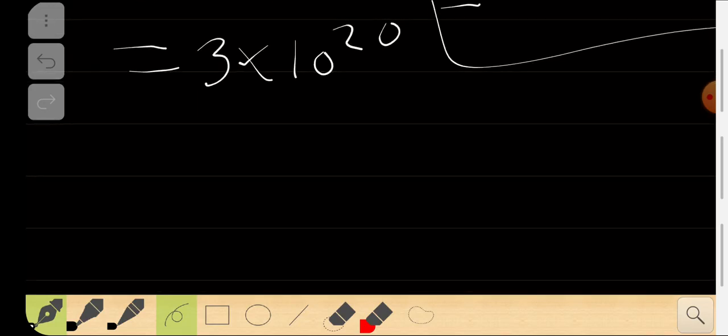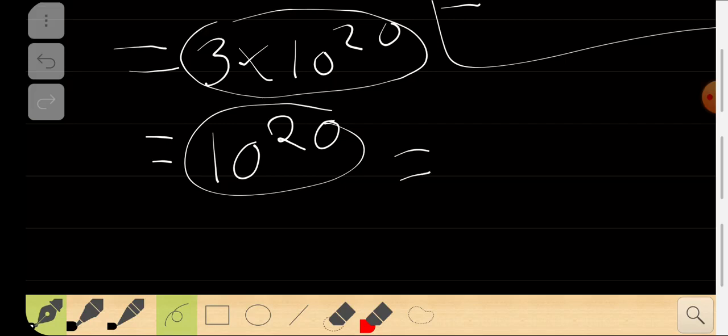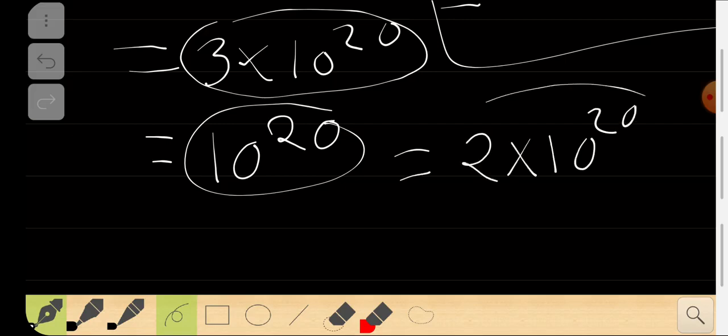Now what you commonly do is approximate it to 10 to the power 20. This is something that you do all the time. Now I want you to see the difference between this and that. This 3 is 3 times 10 to the power 20. That's bigger than our value itself. So that means this kind of approximation, if it is within say 1% or 5%, it's okay.